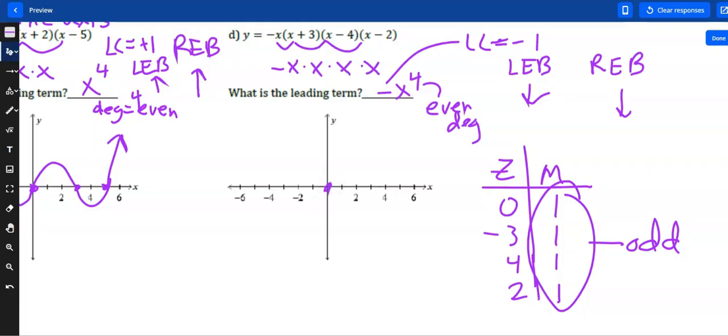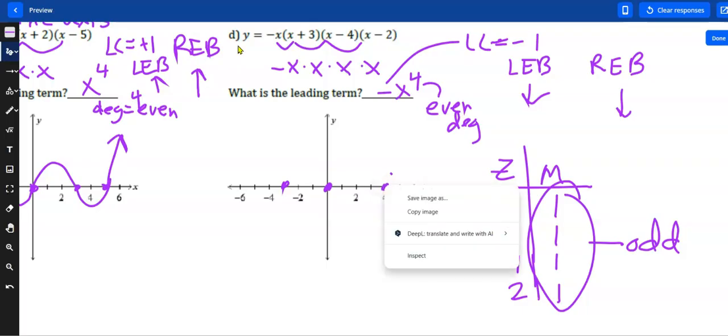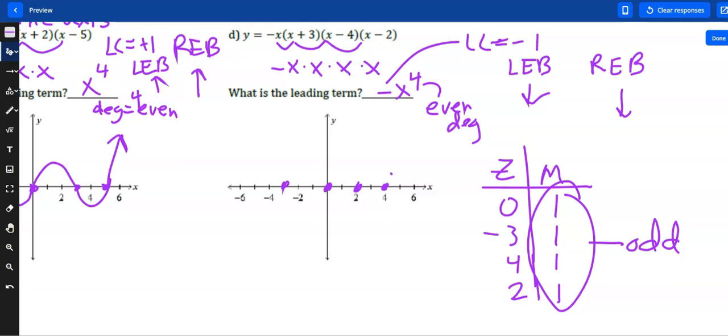Let's see, 0, -3, oops, +4, and +2. Let me make sure I take that one dot off. I don't want you to think that's part of the graph, because it's not. And then I attach my end behavior to the outermost zeros. Cuts through, cuts through, cuts through, cuts through.